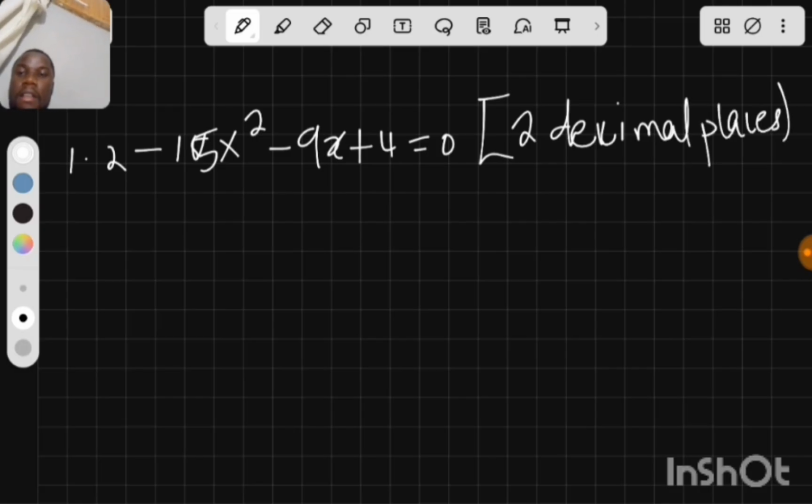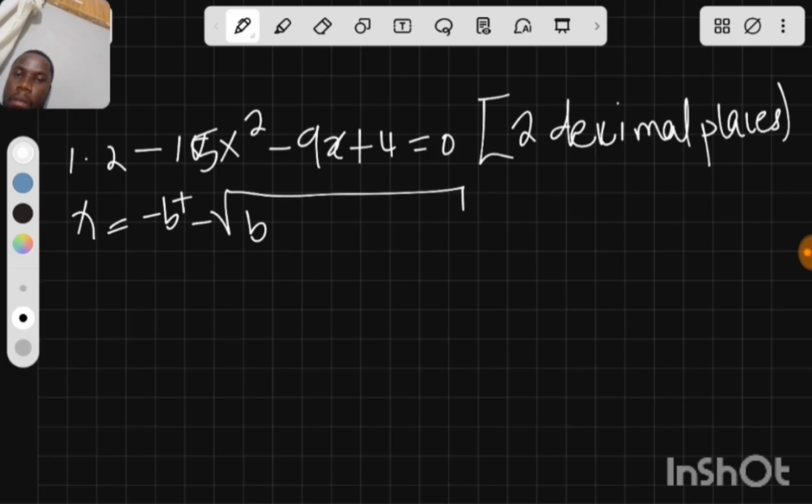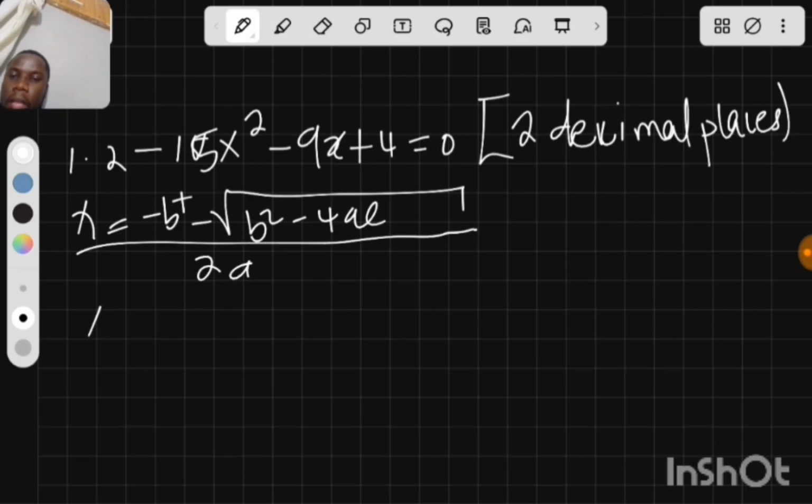Already you can see that this kind of question uses the quadratic formula, which says x is equal to minus b plus or minus the square root of b squared minus 4ac, divide the whole statement by 2 times a. Our b is the one with the single x, which is minus 9.